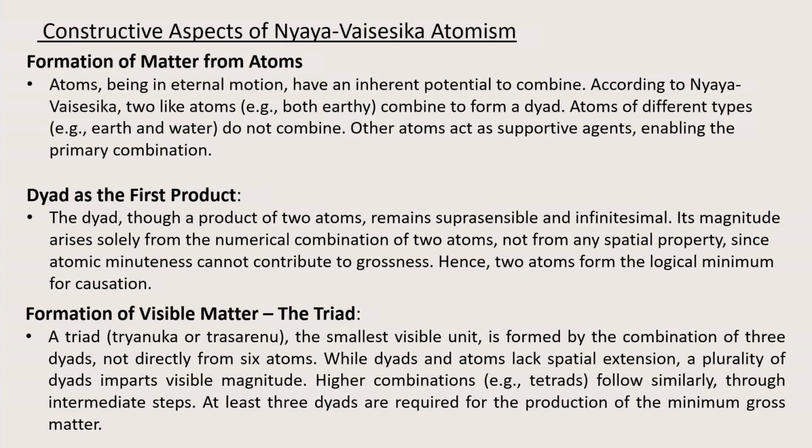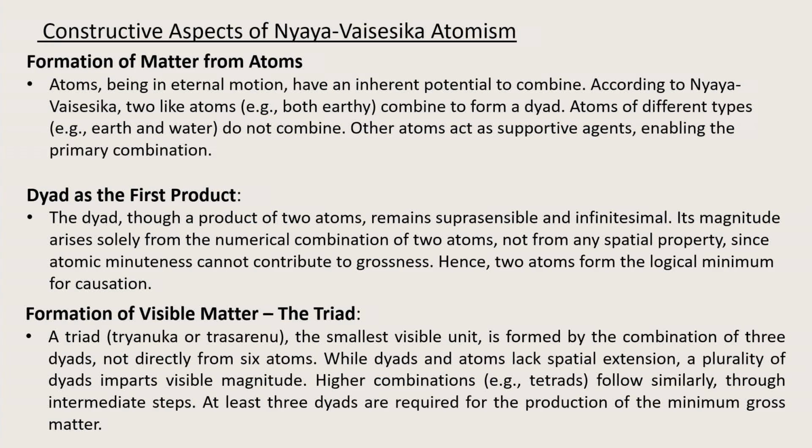The dvayad, though a product of two atoms, remains supersensible and infinitesimal. Its magnitude arises solely from the numerical combination of two atoms, not from any spatial property, since atomic minuteness cannot contribute to grossness.